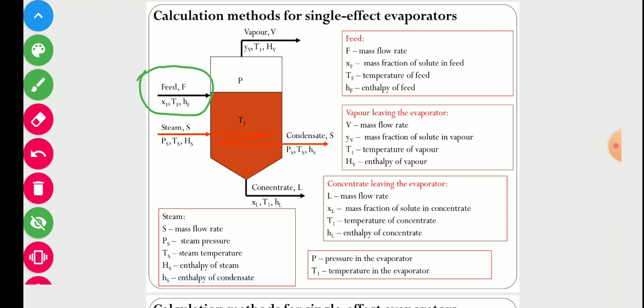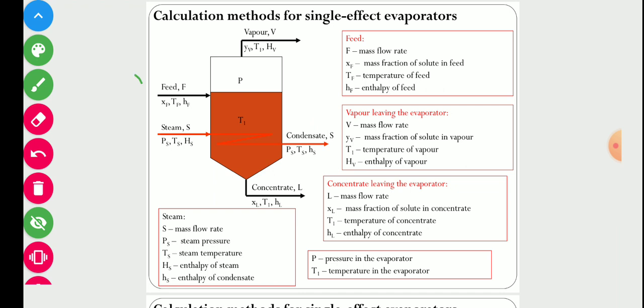This feed enters the evaporator and gets vaporized, and we take the vapor out from this stream and the concentrate from the bottom. On the other hand, steam is provided as a heating medium, and this steam gives energy to the solution and gets condensed, and here is the outlet of condensate.